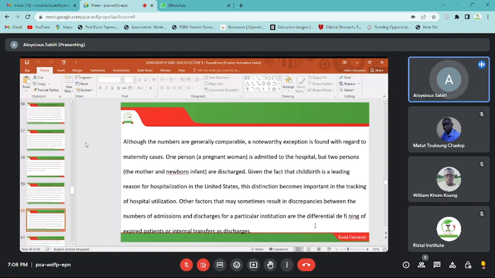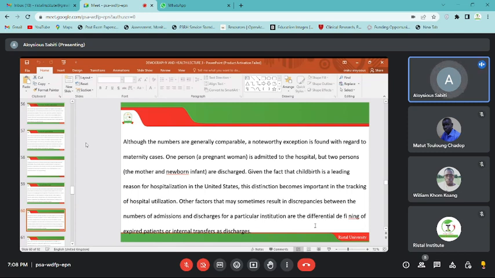Although the numbers are generally comparable, a noteworthy exception is found with regard to maternity cases. One person, a pregnant woman, is admitted to the hospital, but two persons, the mother and the newborn, are discharged.